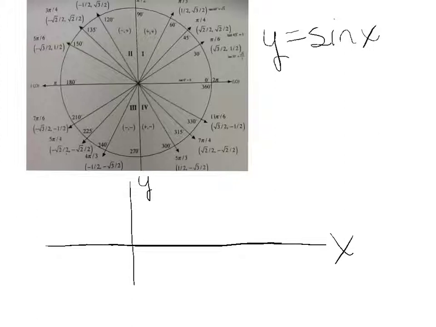If I unwrap the unit circle, we start here with 0, and then here we've got pi over 2, and then we're going to have pi, and then we'll have 3 pi over 2, and 2 pi. I'm just hitting those quadrantal angles.